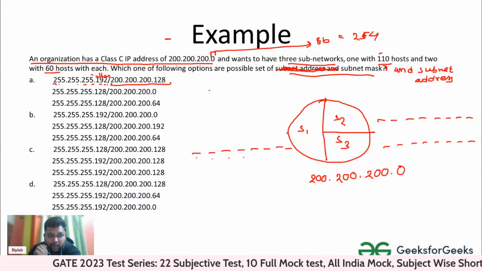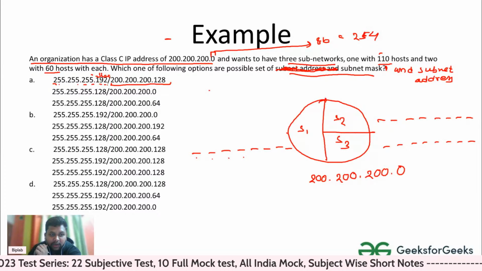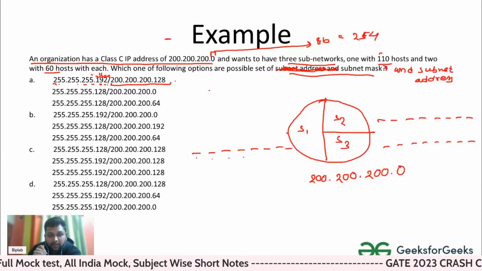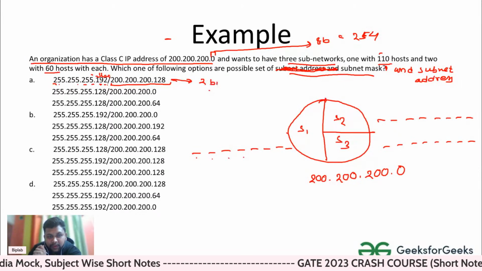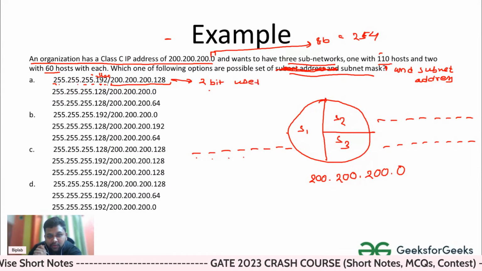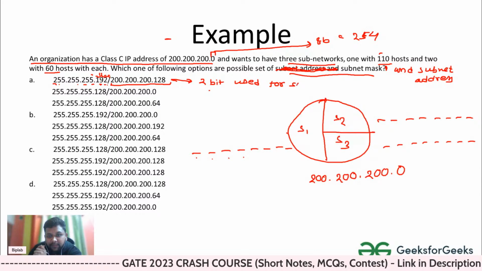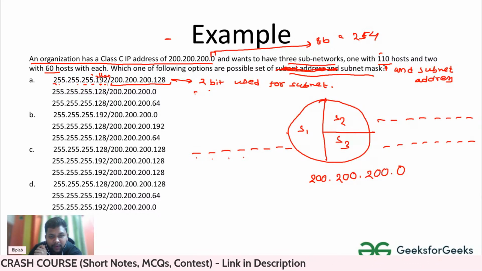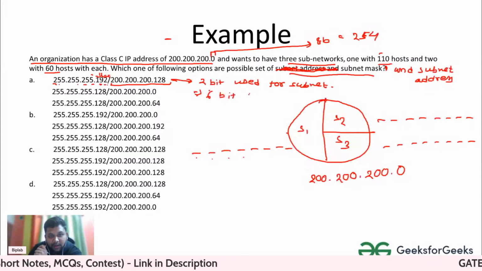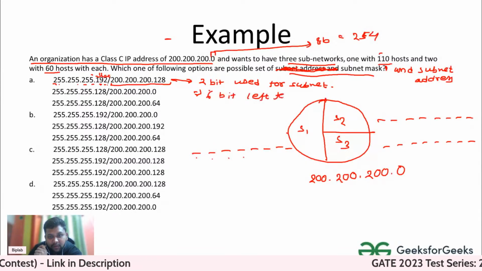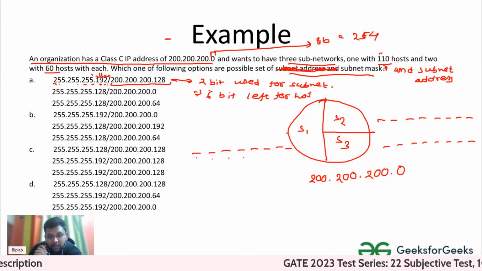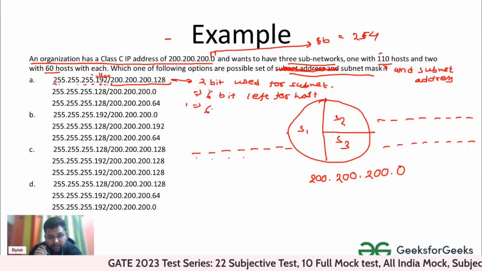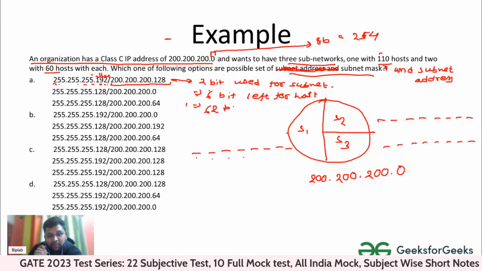Total there were 8 bits, and 2 bits are used for subnetting, which implies 6 bits are left for host, which implies there are maximum 62 possible hosts.